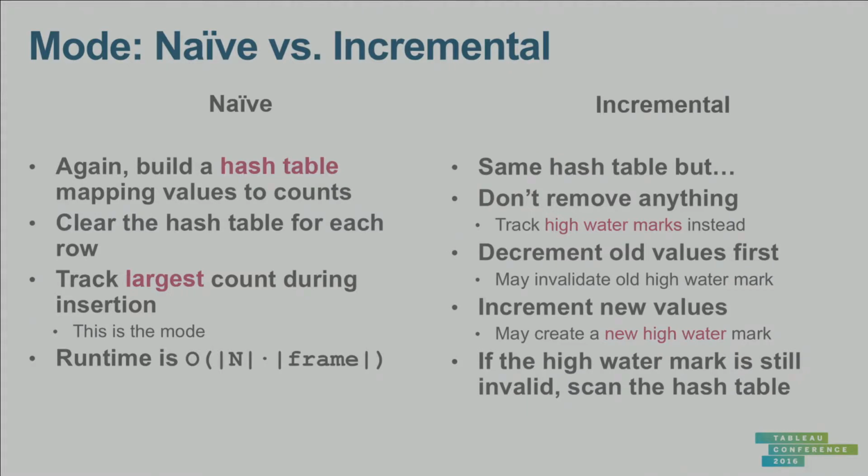But then you add in the new values, and as soon as you hit that high watermark again, you know you have a new valid mode. Occasionally, you'll be in a situation where you destroy the old mode and can't convince yourself that you've created a new one, in which case you have to fall back to the naive approach and rescan the whole hash table looking for the largest value.